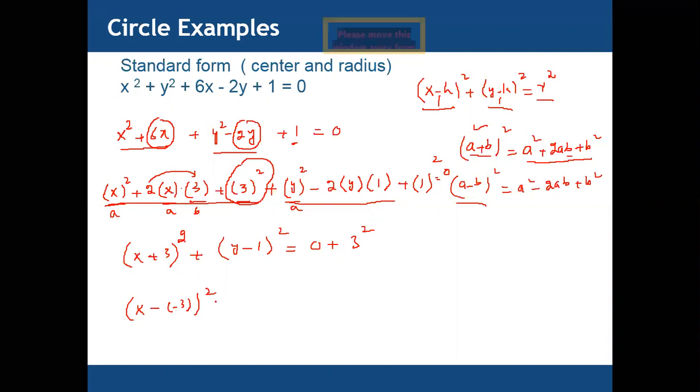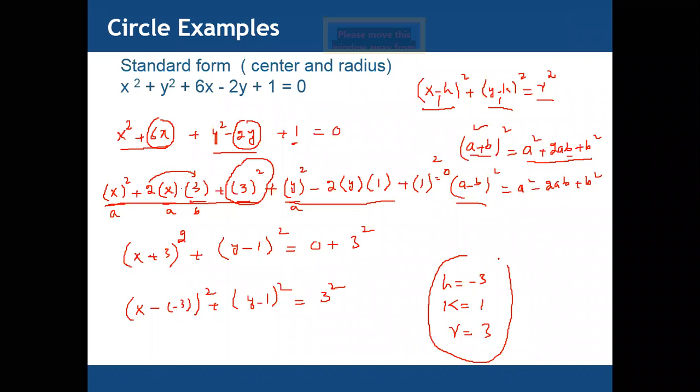Minus minus again becomes plus. The second one is y minus 1 whole square equals 3 square. Now we can find the values. What is h? Actually h is minus 3. What is k? K is 1. What about r? So r square is 3 square, so r is equal to 3. The central point is h, k and the radius is r.